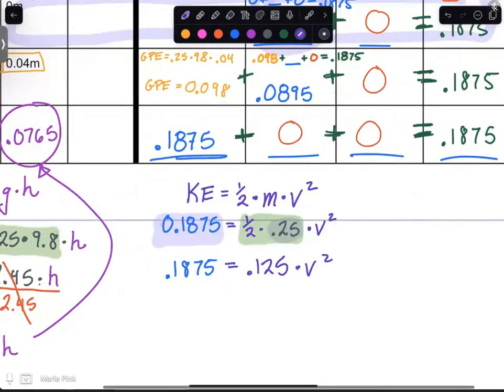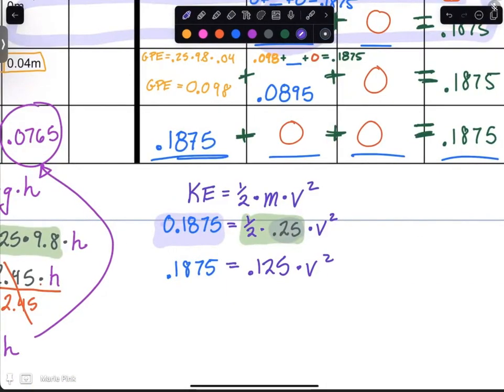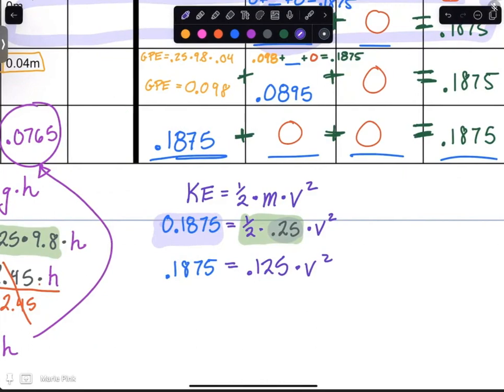0.1875 equals 0.125 times v squared. And it does seem a little bit silly to make you guys write that line down, and it is up to you, but I will tell you in 12 years of teaching that if you do not want to get wrong answers, I very, very highly recommend multiplying 1/2 times your mass before doing anything else and just writing it down. With that step of writing it down, you are going to make way fewer mistakes, especially in your calculator.